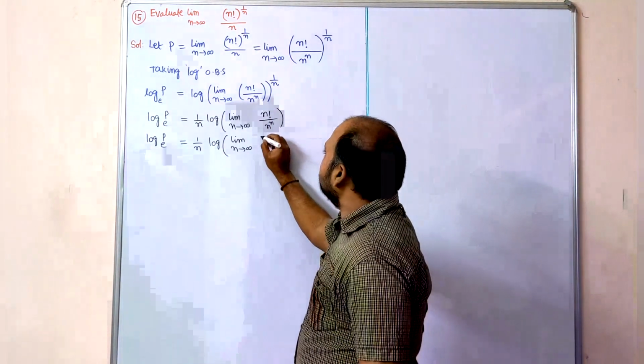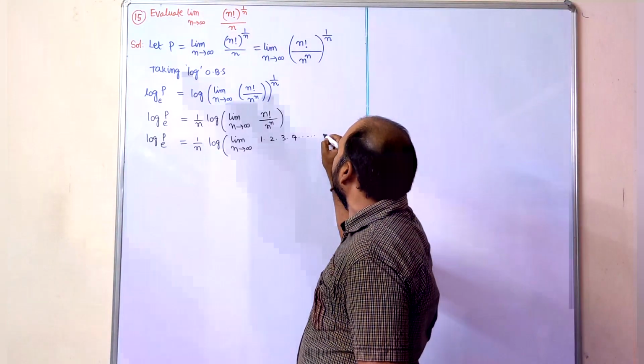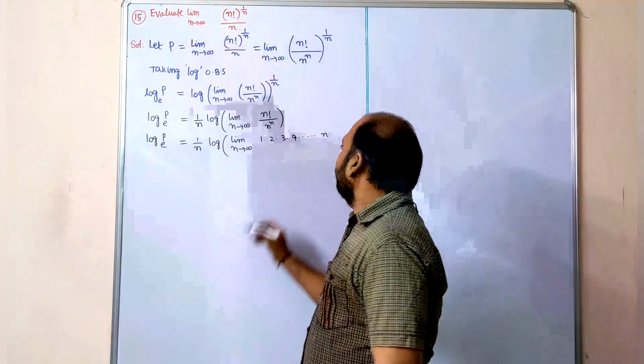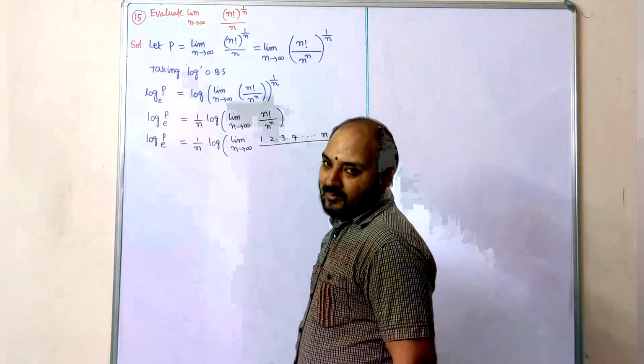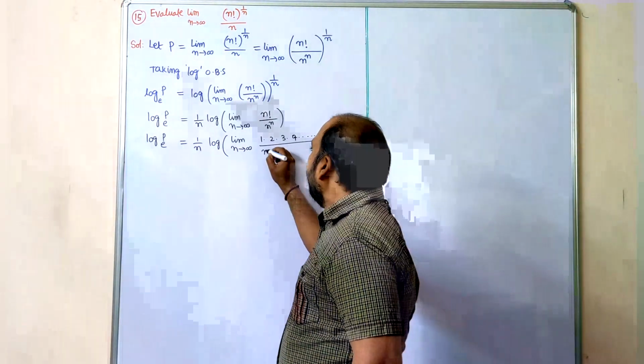n factorial means 1 into 2 into 3 into 4 and so on, the product of n terms, by n power n, so n into n and so on n times.